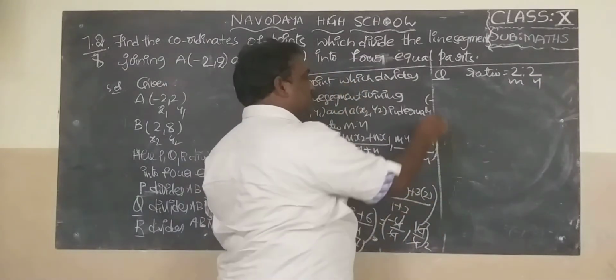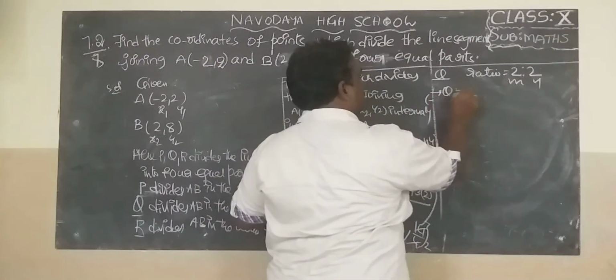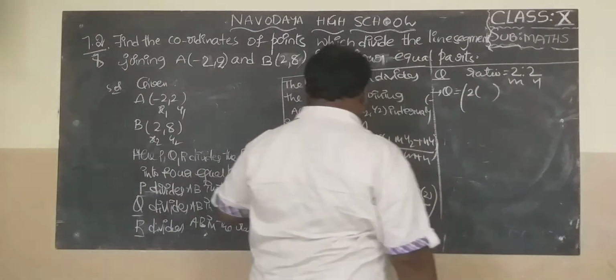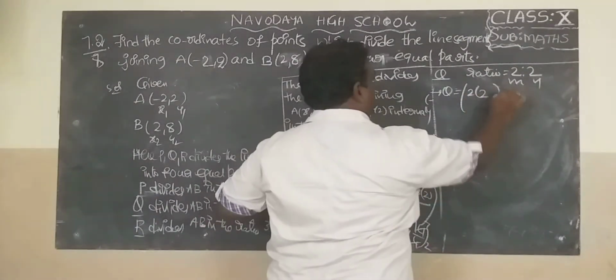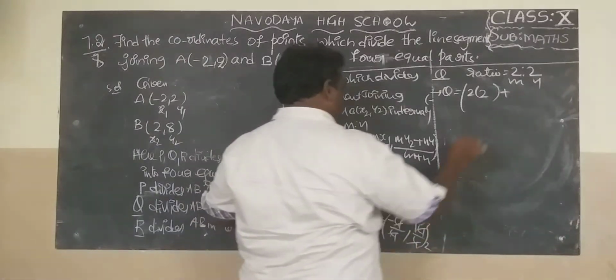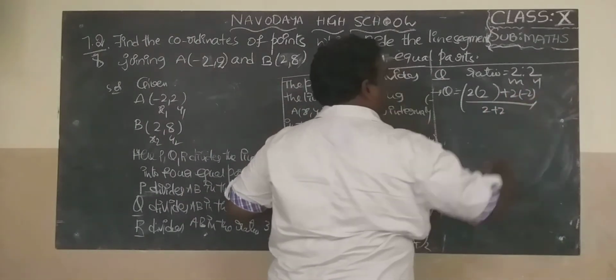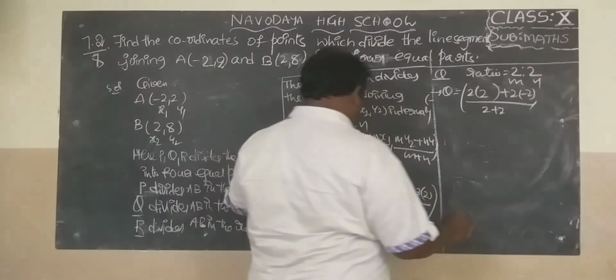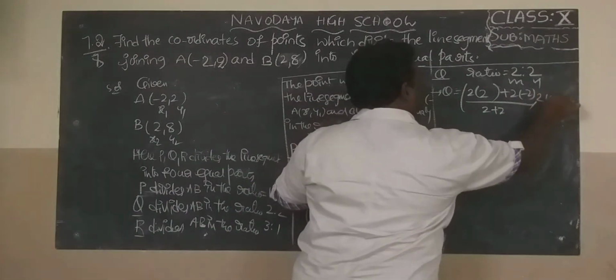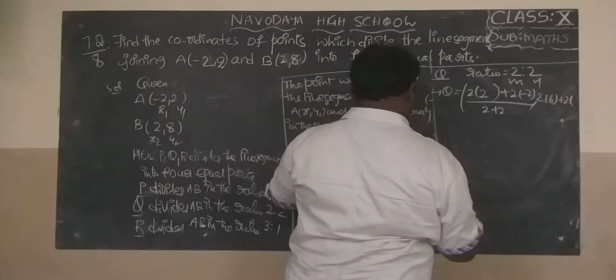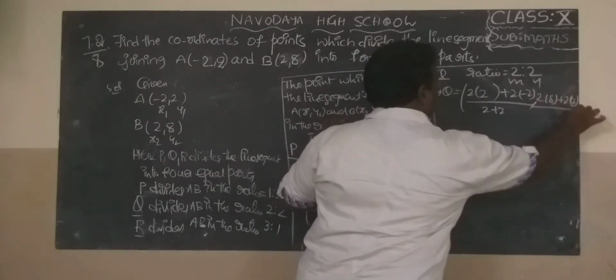Substitute: Q equals (2 into 2 plus 2 into -2) by (2 plus 2), then (2 into 8 plus 2 into 2) by (2 plus 2).